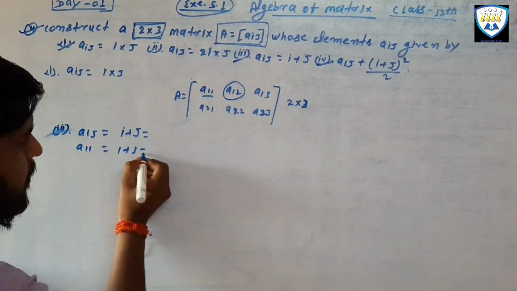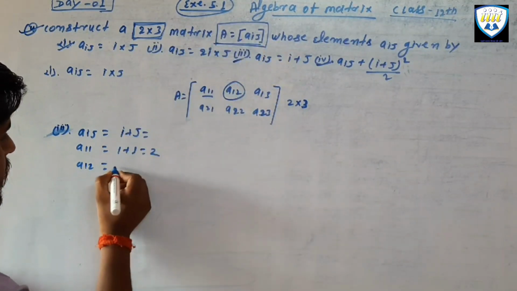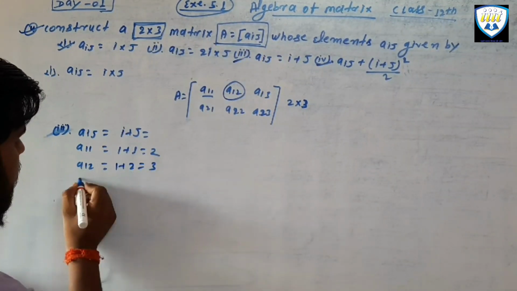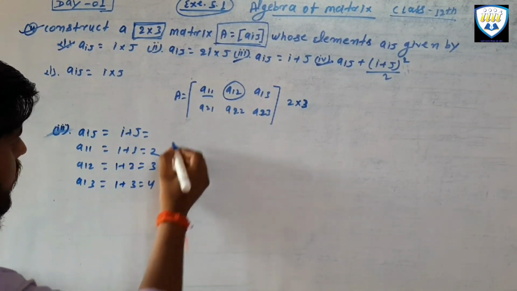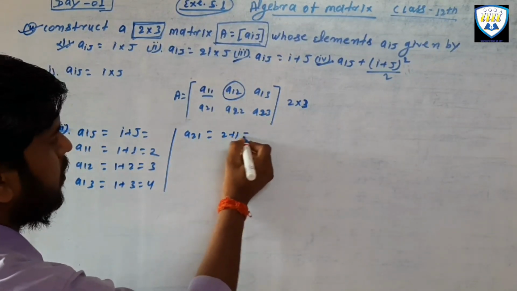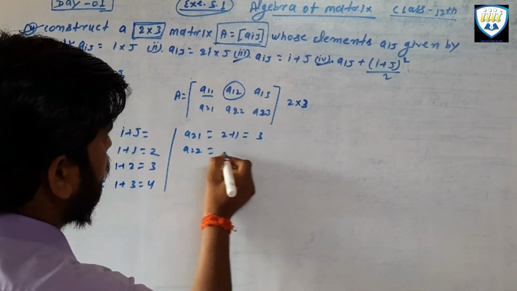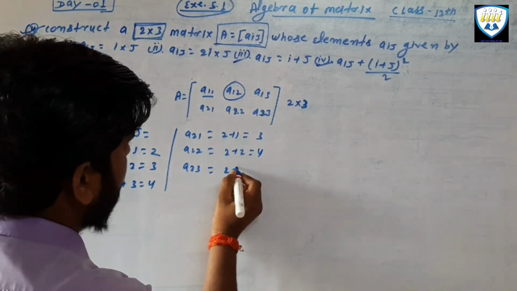Any doubt? 2. A12 is 1 plus 2 equals 3. A13 is 1 plus 3 equals 4. And A21 is 2 plus 1 equals 3. A22 is 2 plus 2 equals 4. A23 is 2 plus 3 equals 5.